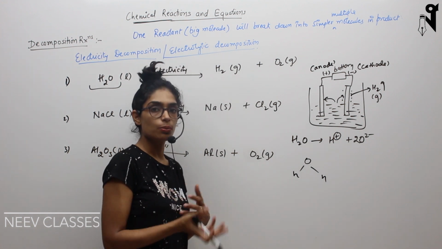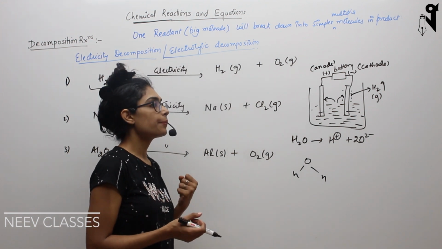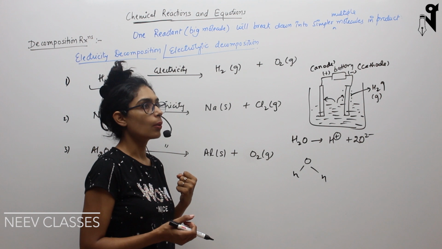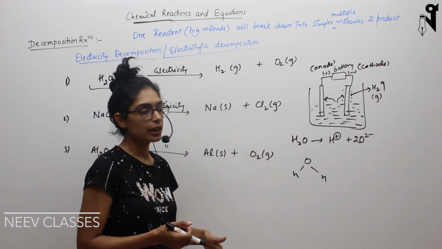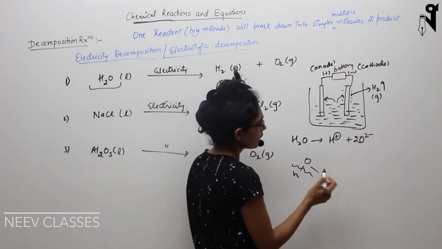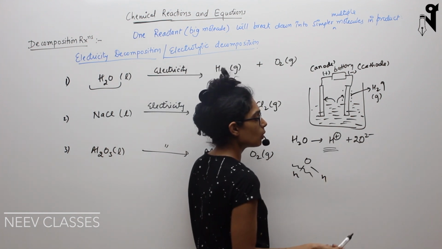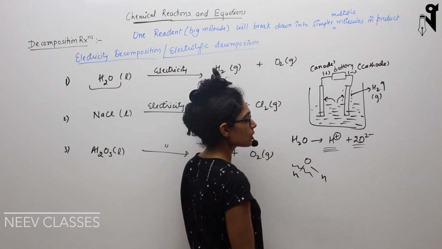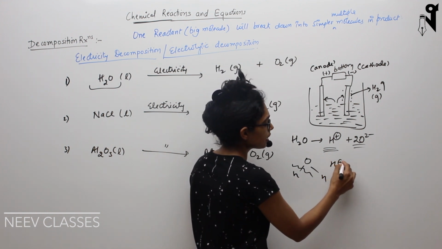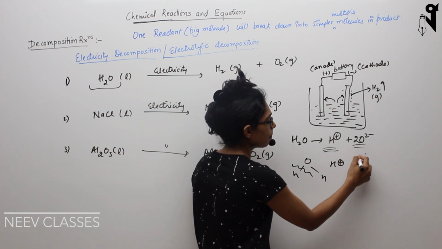Hydrogen is more electropositive, or you can say hydrogen is the one which forms with plus valency, whereas oxygen forms with negative valency. So when the bonds break, hydrogen will come out as H plus and oxygen will come out as O2 minus. So H will have plus valency and oxygen will have minus valency.